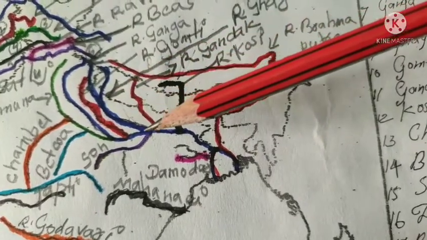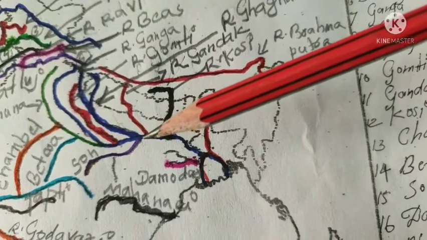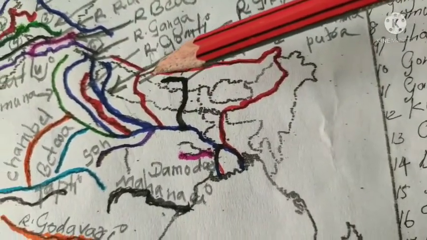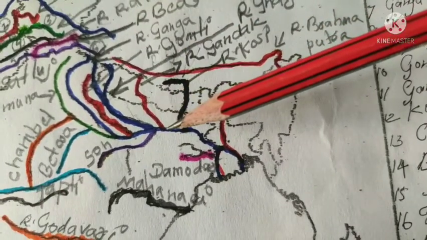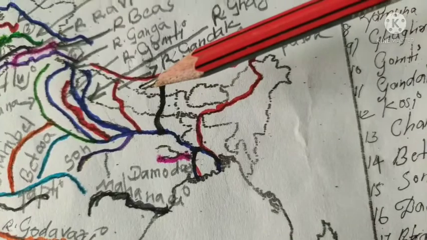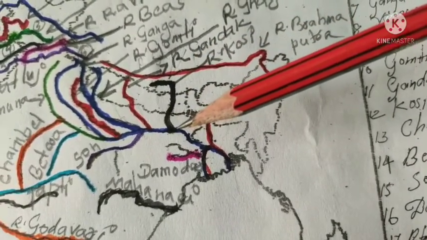From there to here it also joins with the river Ganga. And the next is river Gandak, shown in red color, from here to here it is also merging with the river Ganga. Next is Kosi, it is starting from here and merging with the river Ganga.